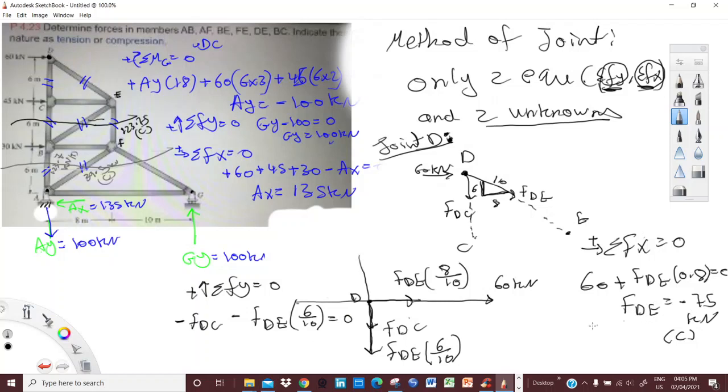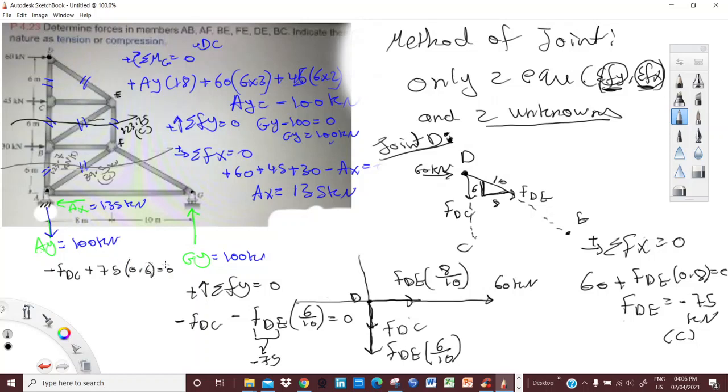Now I'll substitute FDE with negative 75. So negative FDC, negative times negative will be positive, 75 into 0.6 equal to 0.